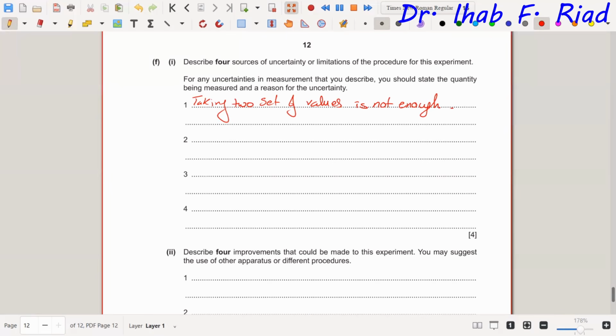Okay, then I can mention this: to decide when the bar lifts off from the boss.